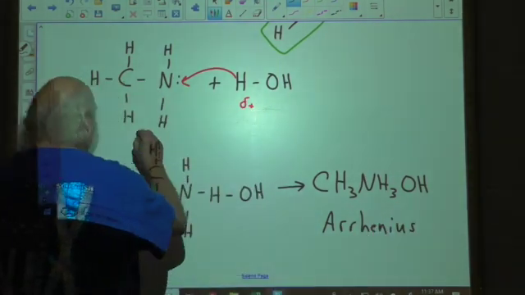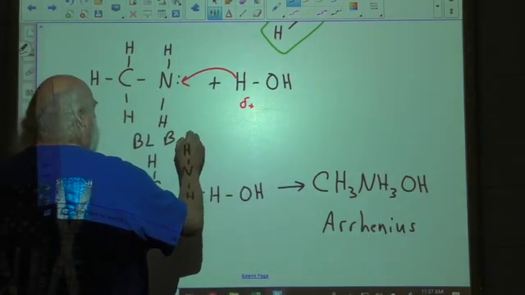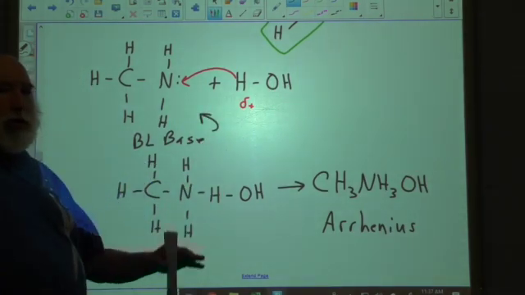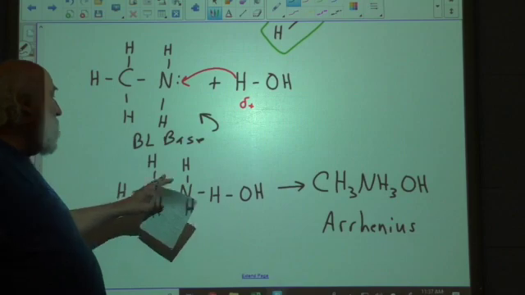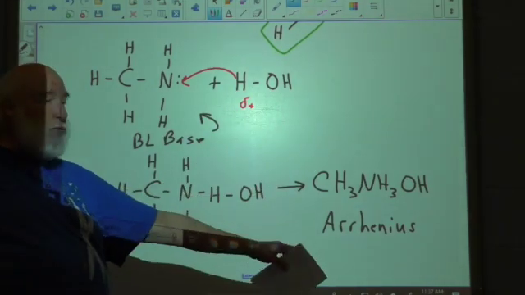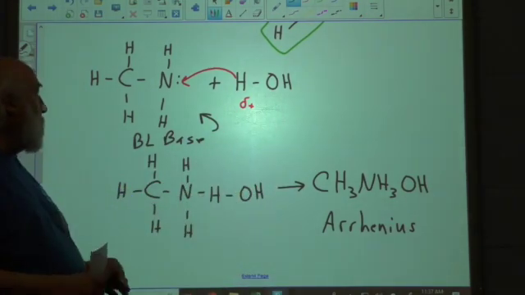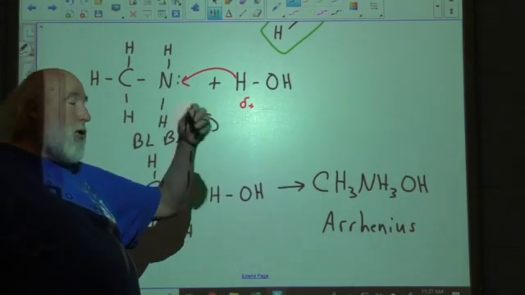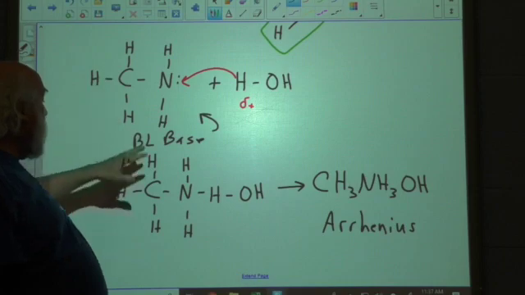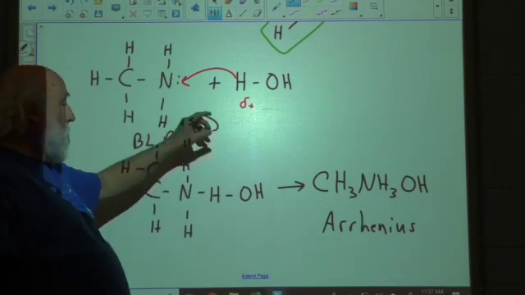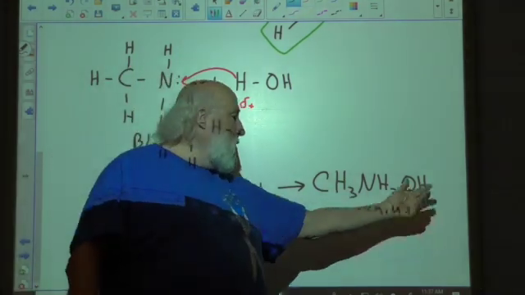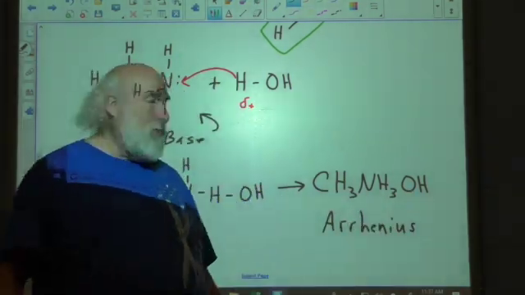And this is a Bronsted-Lowry base right up here, because there is no OH. So you're going to take Bronsted-Lowry bases and change them to Arrhenius bases by adding HOH. You'll notice that the number of hydrogens increased by 1, and then you put an OH on the end. So we had NH2, and then that became NH3 because of the first hydrogen, and then the hydroxide follows. That's all there is to it.